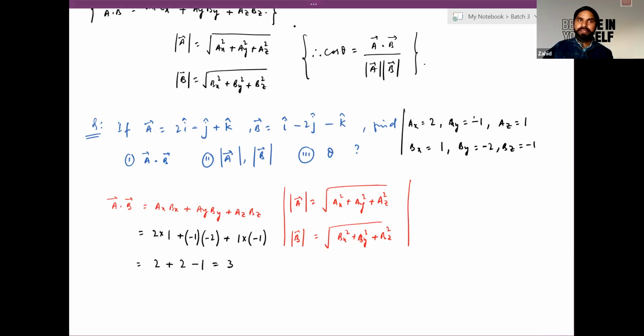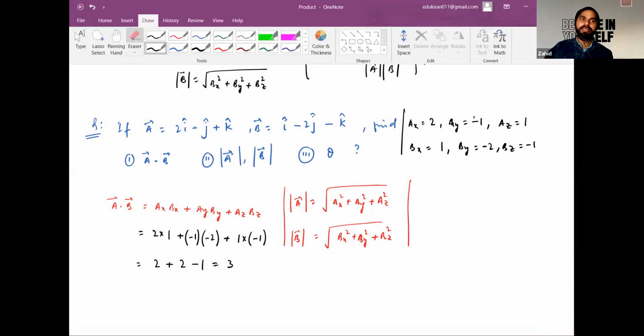Similarly, try to find mod of a and mod of b.